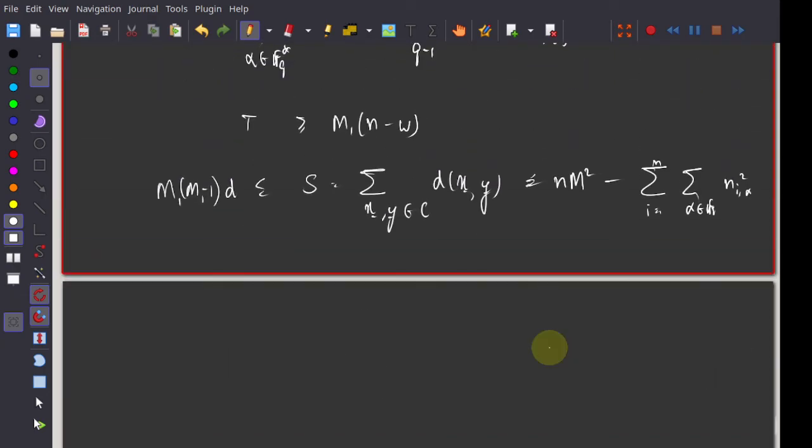Now, the key difference between the original Plotkin bound proof and this is to split this in terms of the zero elements and the non-zero elements.